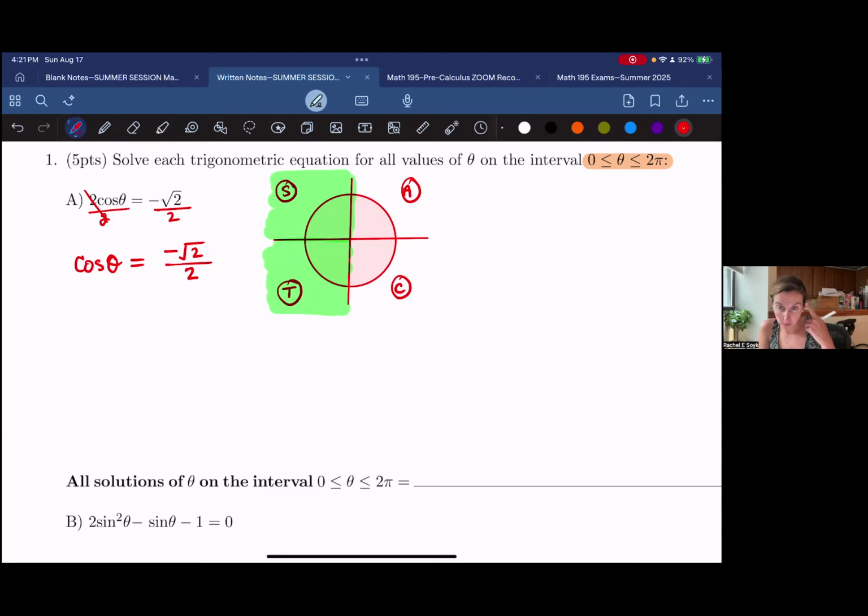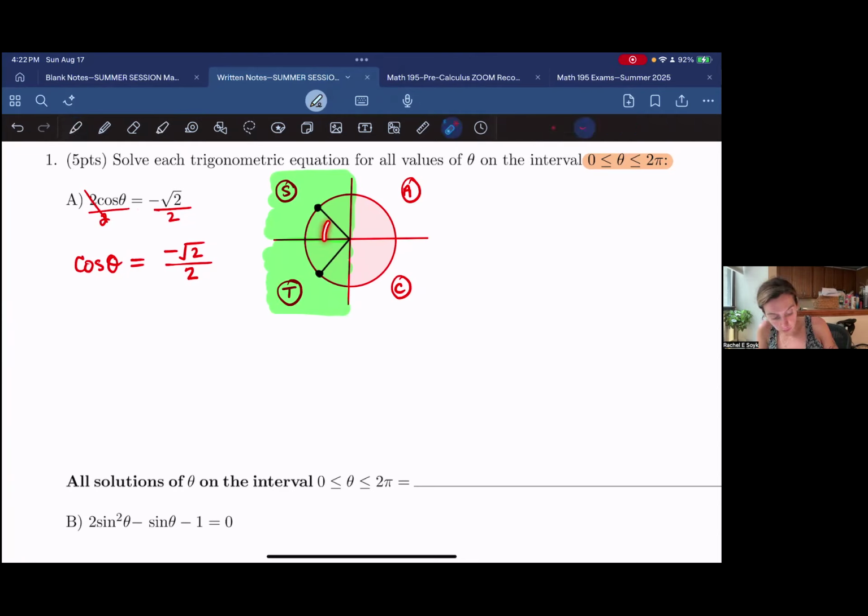And again, that 45 degrees, that pi over 4 for our reference angle, is how we're going to determine what our two solutions are going to be, because there's only two, since we're looking at the interval from 0 to 2 pi, and then since we're only looking at solutions that pop up in our second and our third quadrants.